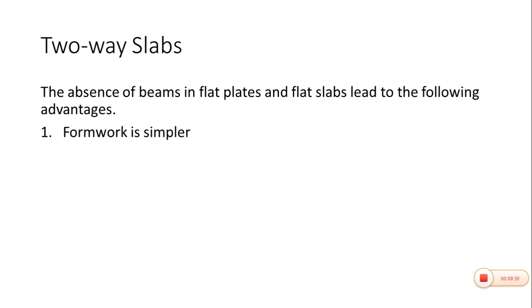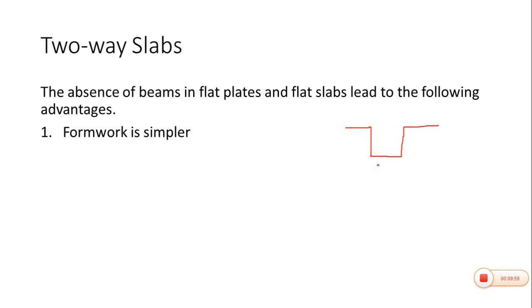The very first advantage of a two-way slab with no beams is that the formwork is simple. Yes, of course, because the work of making projections is removed. We can understand this with the help of a diagram.